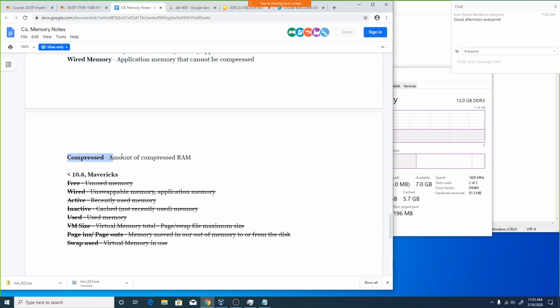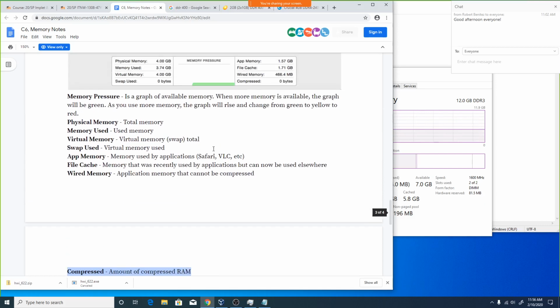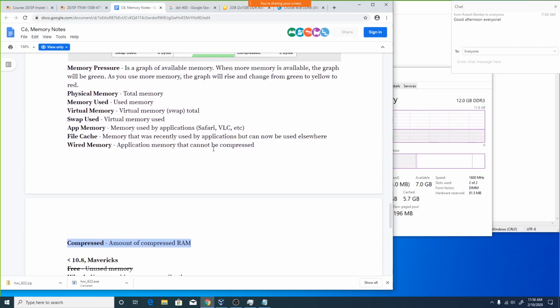And then compressed is, we haven't used it in the past few seconds, so I'm going to compress it up a little bit. If we need it, I can uncompress it on the fly. It doesn't take a whole lot, but it does use up CPU clocks, which does lower battery life. Battery charge, I guess, because battery life is a whole different thing.